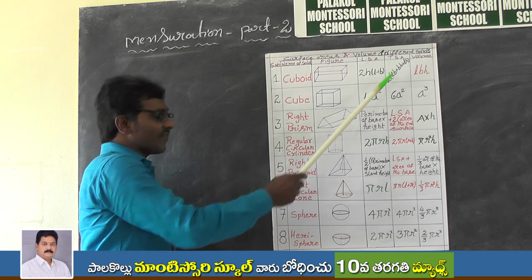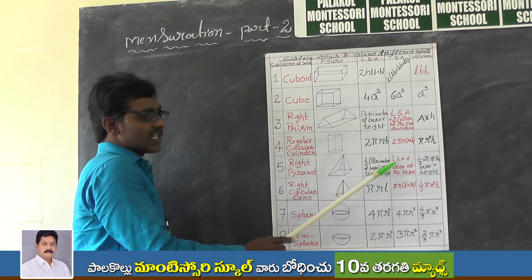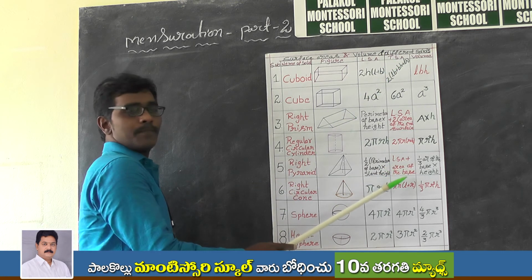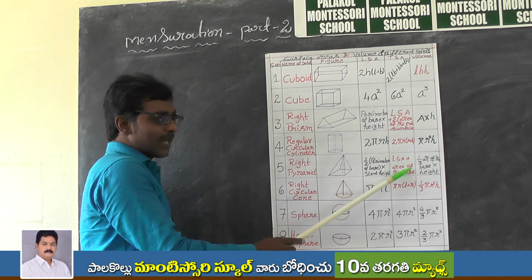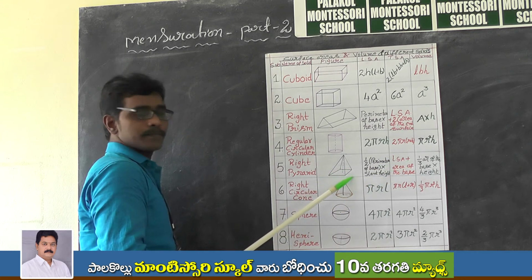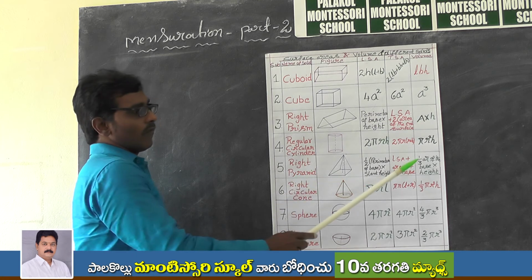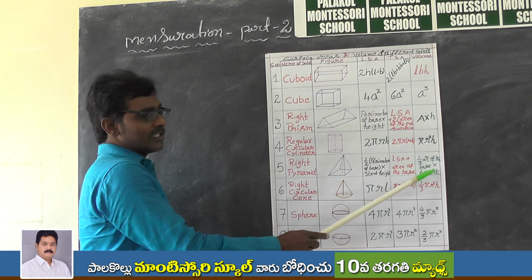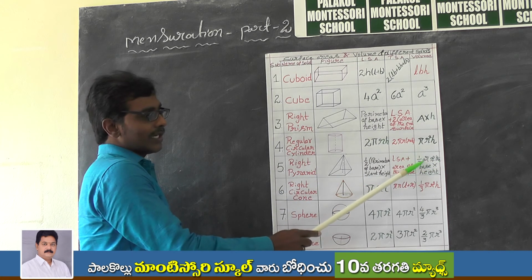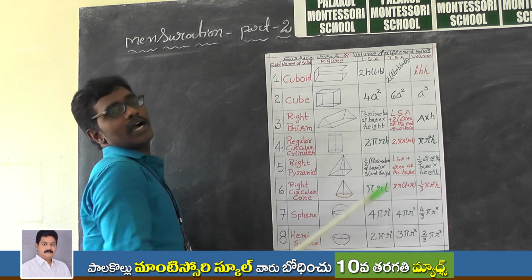Next one, total surface area of the right pyramid: lateral surface area plus area of the base. Next one, volume of the right pyramid: 1/3 area of the base into height.